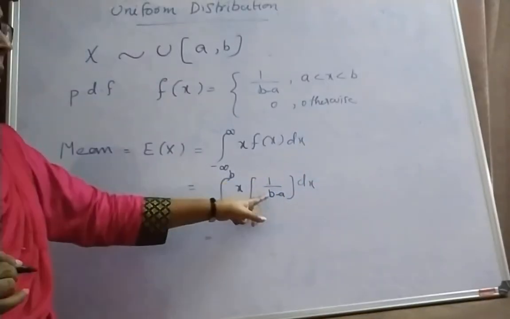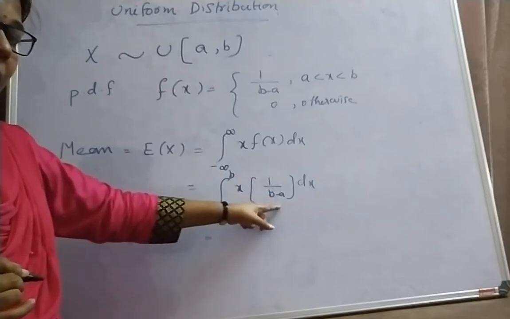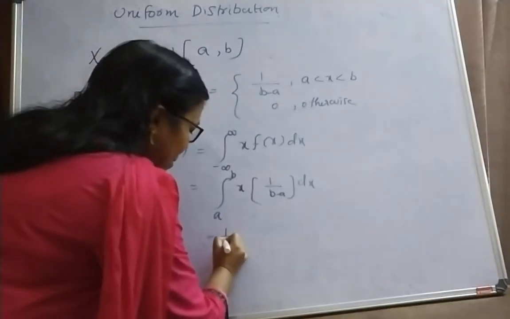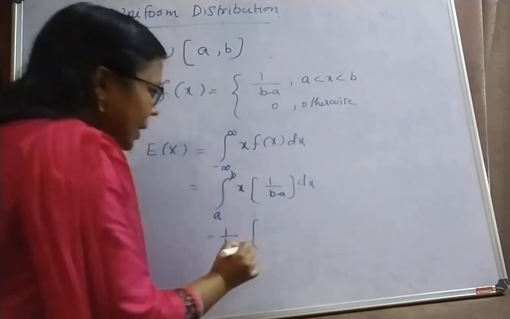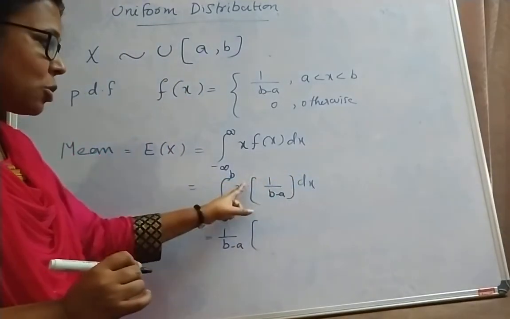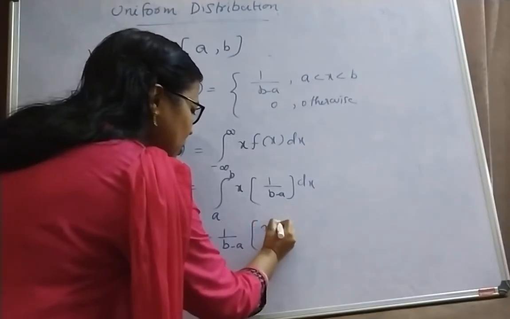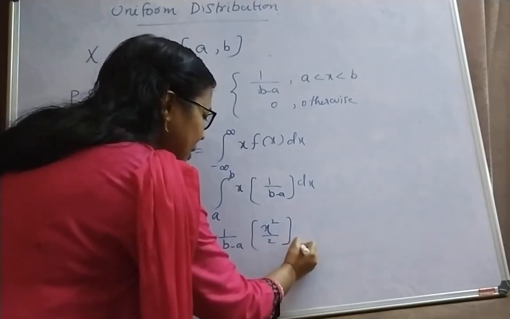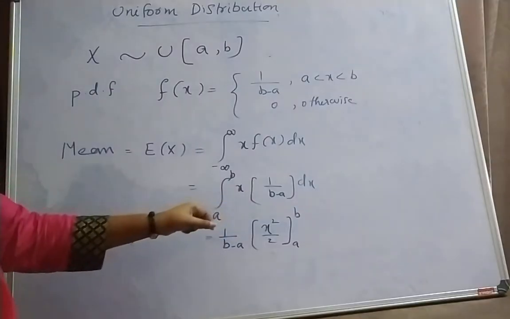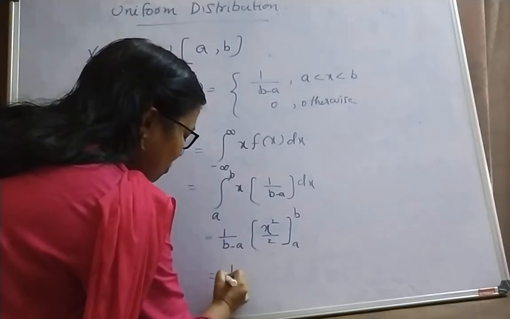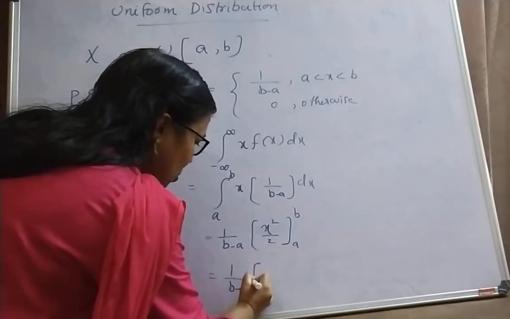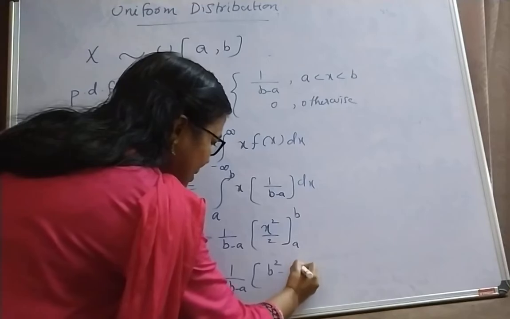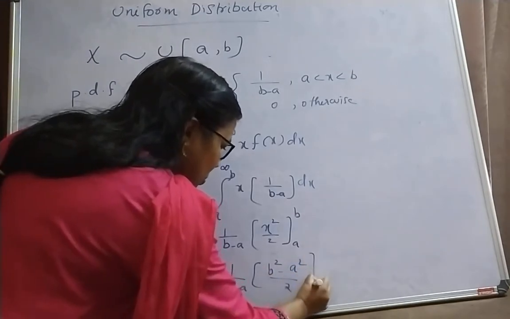Since this 1 by b minus a is a constant, it can be taken outside. 1 by b minus a into integral of x dx, which is x square by 2, with limits a to b. Applying these limits, 1 by b minus a into b square minus a square by 2.